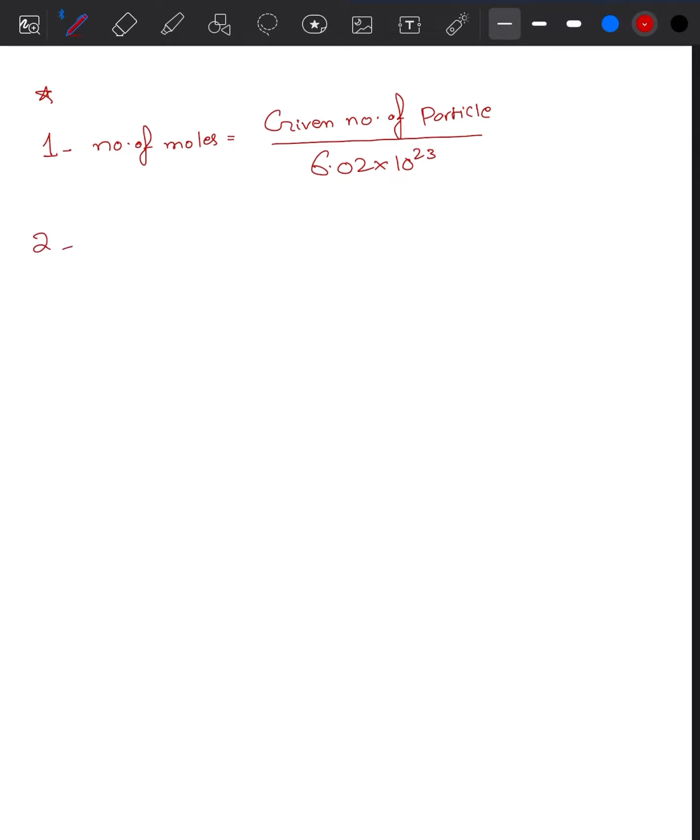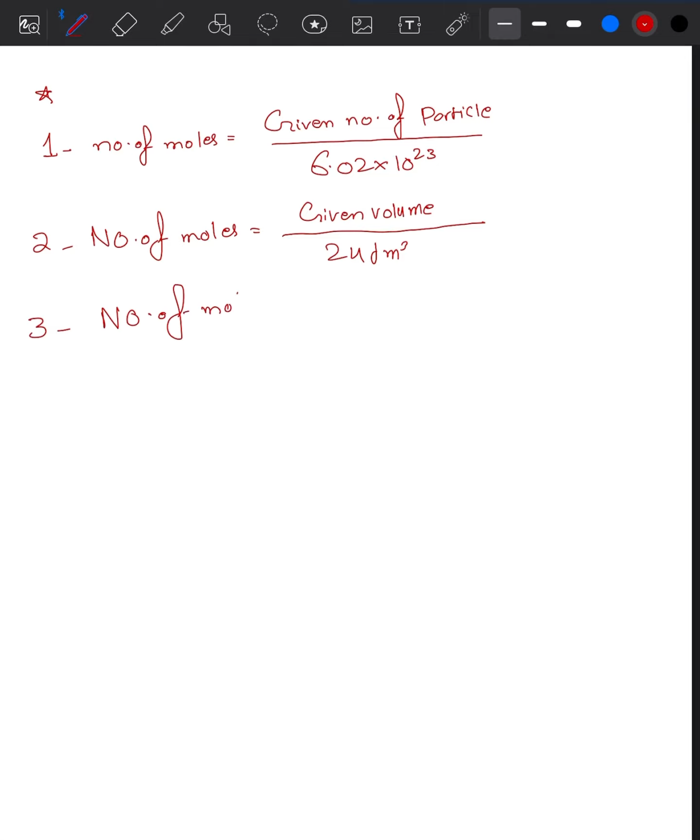Number 2, number of moles is equal to given volume over 24 decimeter cube. Number 3, number of moles is equal to given mass over molar mass.